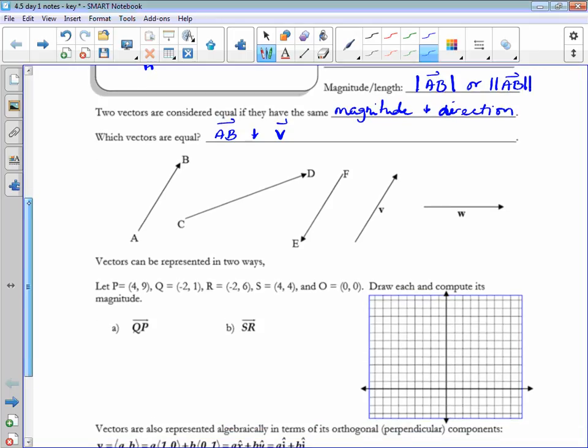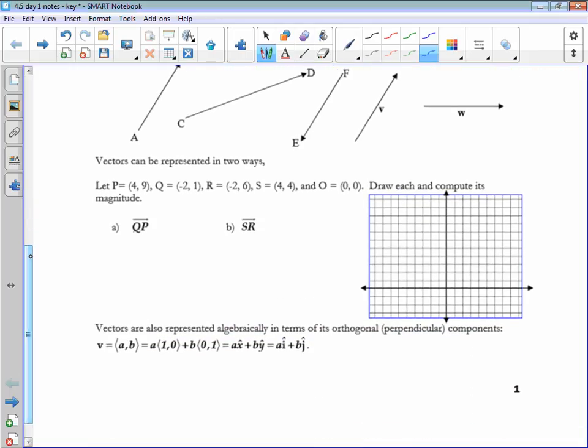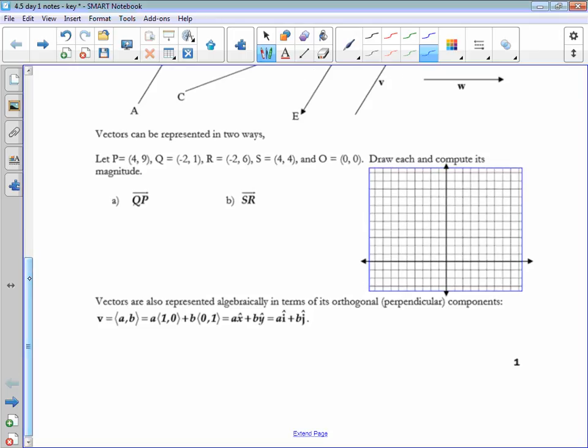Alright, we're going to look at representing vectors graphically now. So you've got these points P, Q, R, and S, and then O is at 0, 0. We're going to draw these, and then we're going to find the magnitude for each. So first we're going to draw vector QP. So Q is at -2, 1.